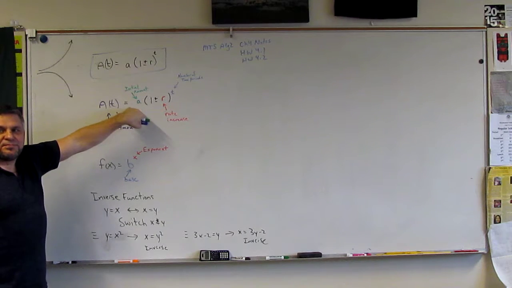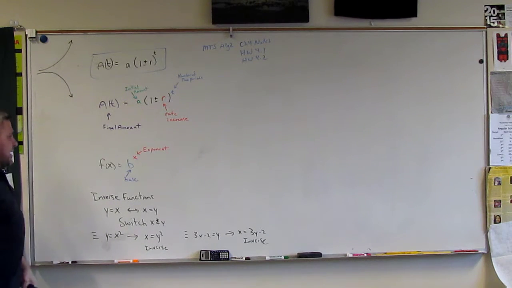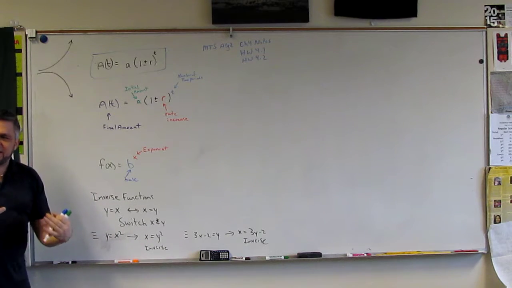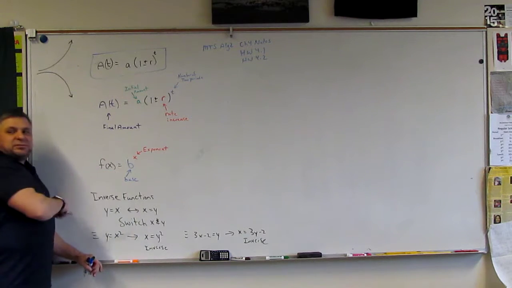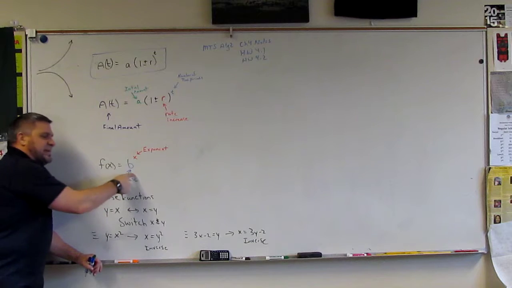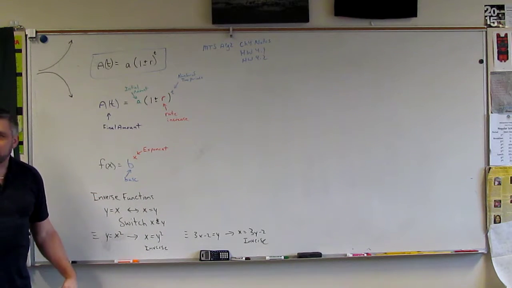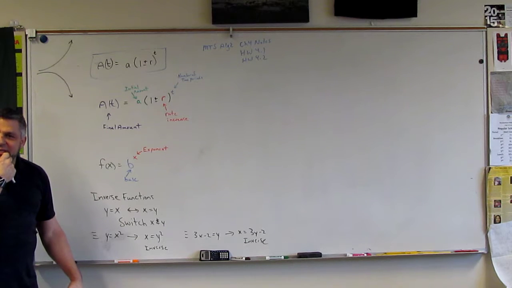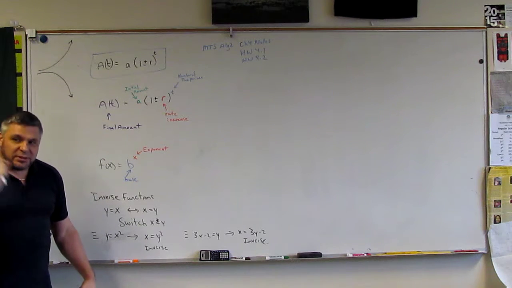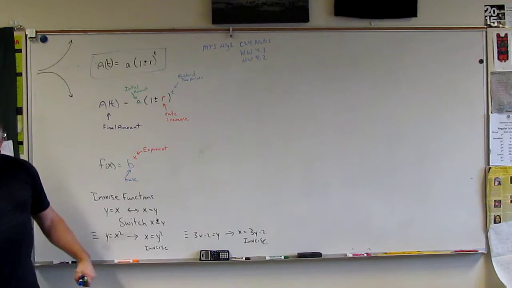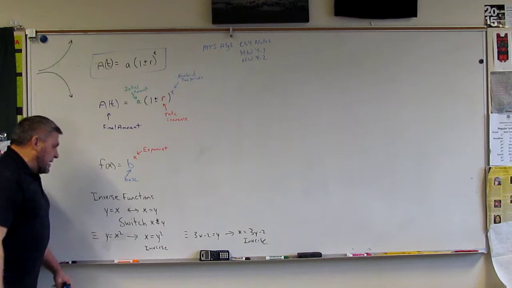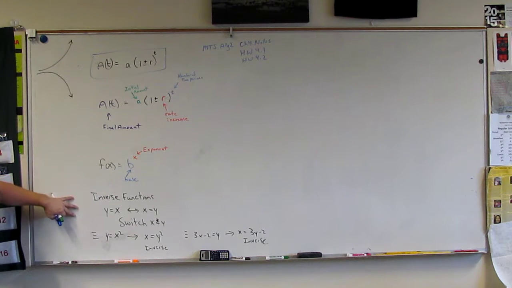Does that make sense? The basis of this is that you have a function that is equal to a base raised to the exponent. To deal with these, we're going to learn logarithms, not today, tomorrow. The other thing that we want to deal with is inverse functions.